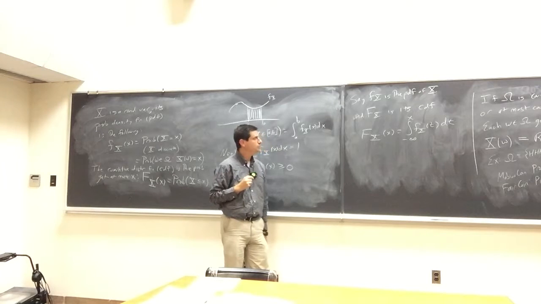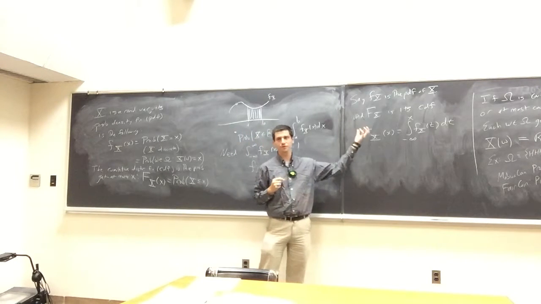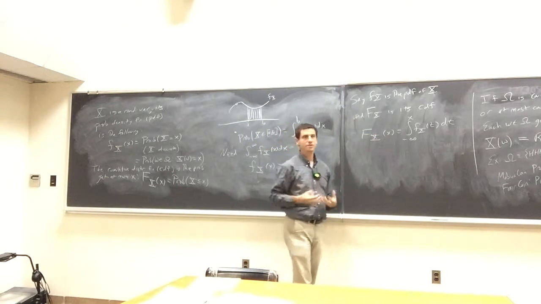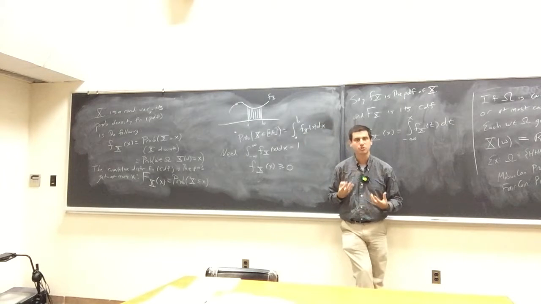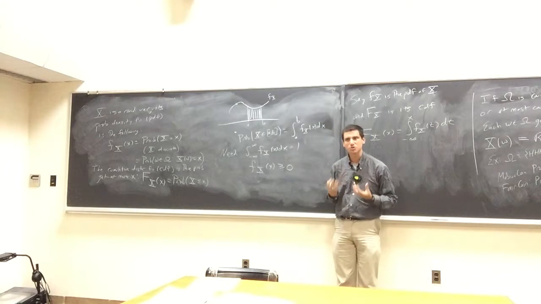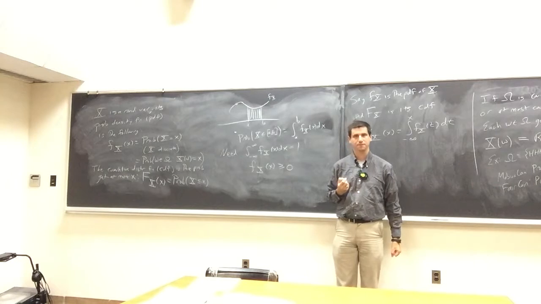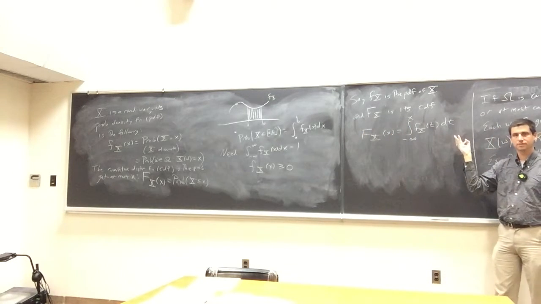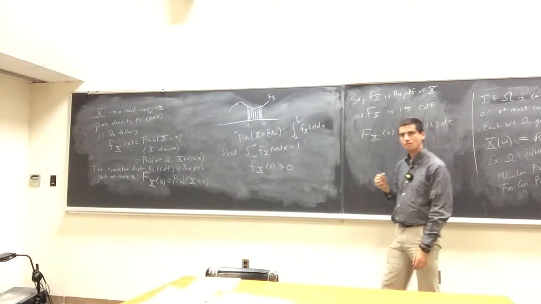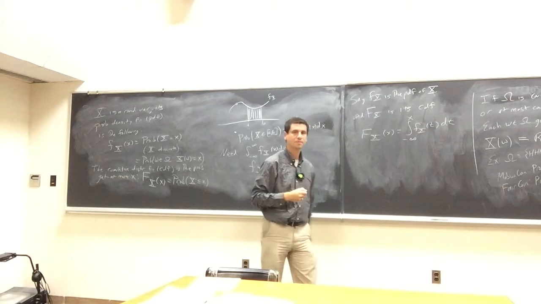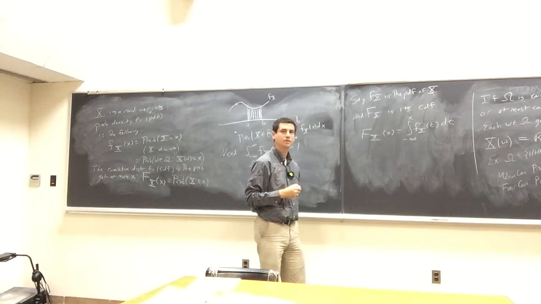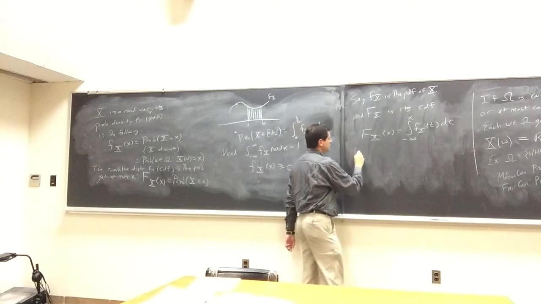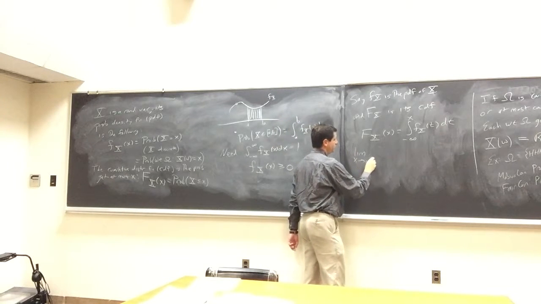There are a lot of theorems you can prove about the cumulative distribution function. One of the things I always try to emphasize is to look at extreme cases. What are the extreme cases for x? With x equals infinity, we could take the limit as x goes to infinity.